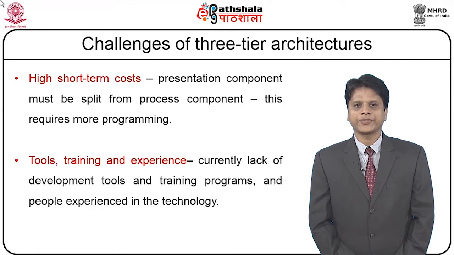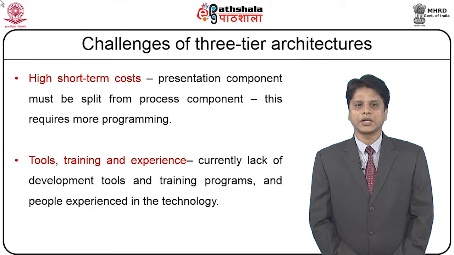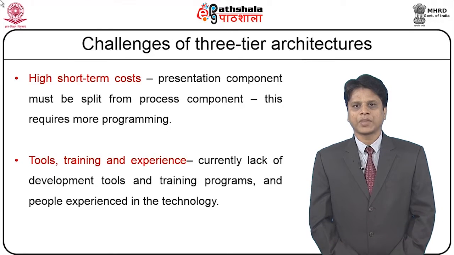One of the challenges of the three-tier architecture is high short-term cost, where the presentation component must be split from the process component. This requires more programming. If the client is responsible for doing all the presentation and the programming at the client level itself, then the client is taking the entire responsibility.